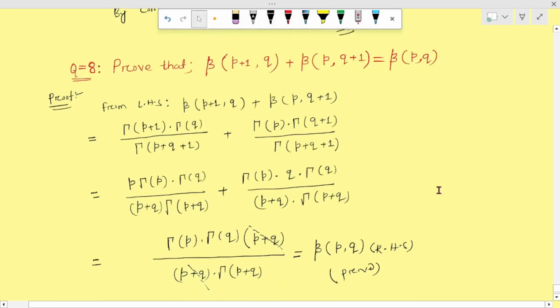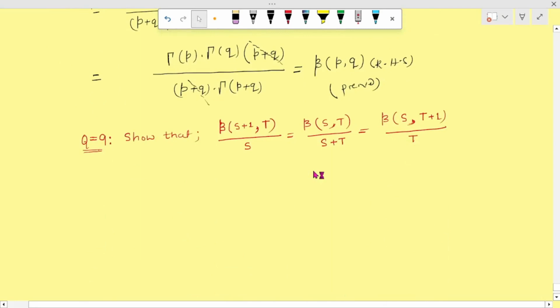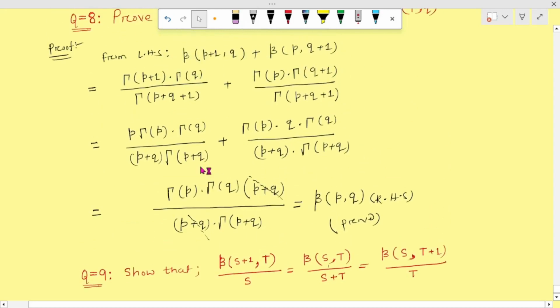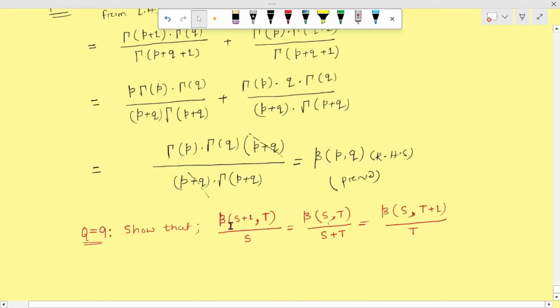Now we are going to move to our next question, question number 9. Given that, we have to show that beta s plus 1 t by s will be equal to beta s t by s plus t, equal to beta s t plus 1 by t. Here you can see previously we always considered beta p q, but here beta s t came.